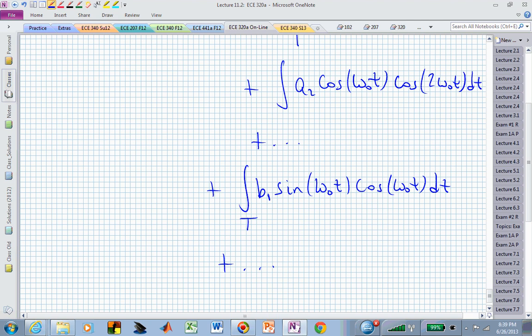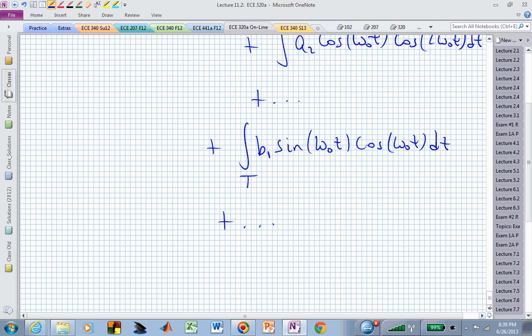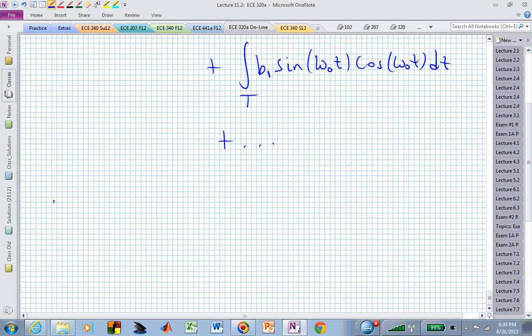And hopefully now it's becoming clear what's happening. We now have a lot of terms that have products of sines and cosines.